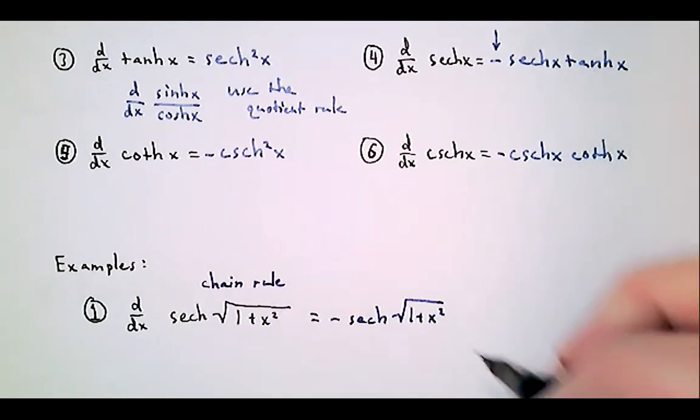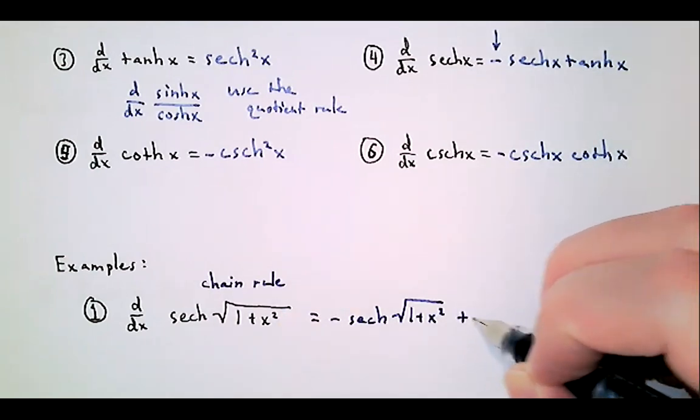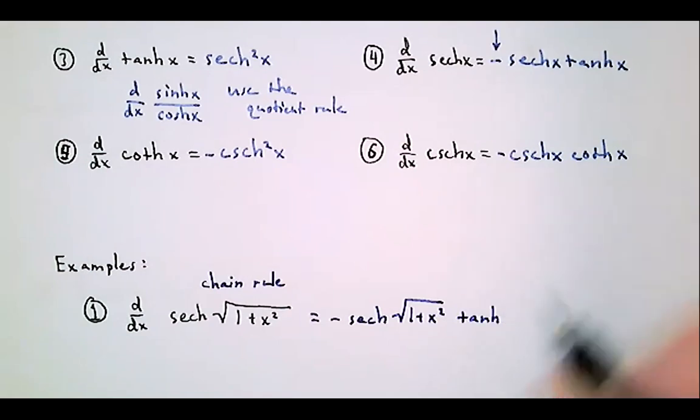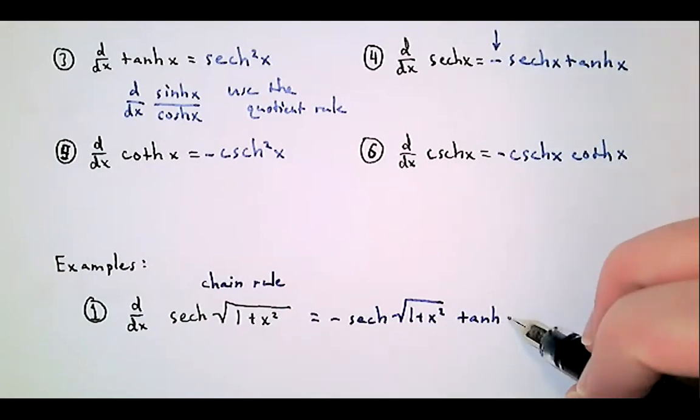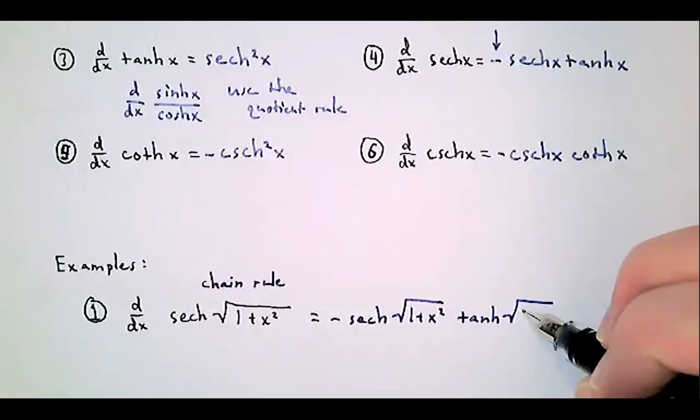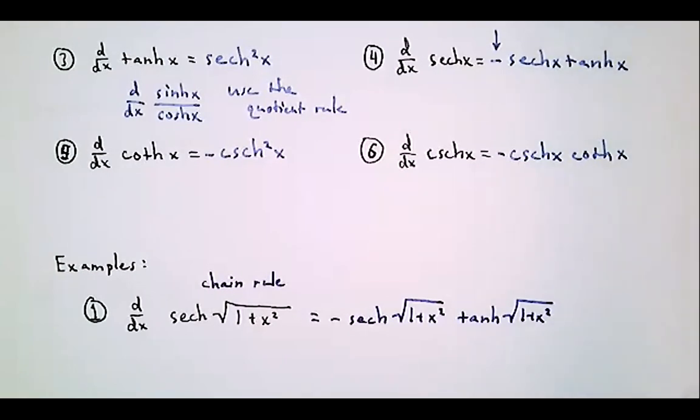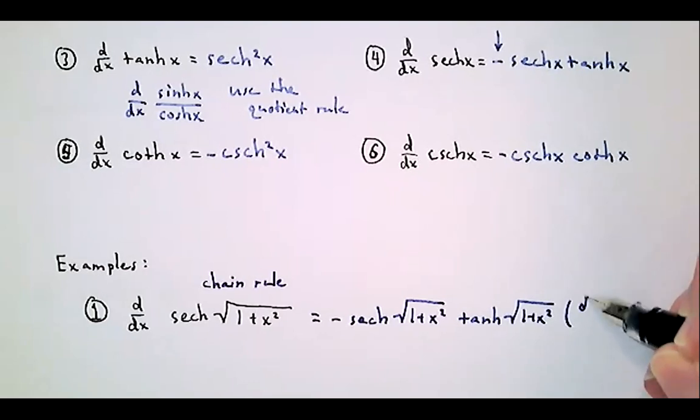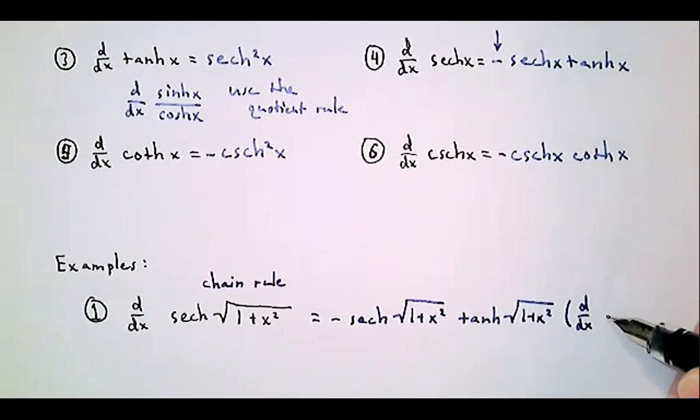And we also need a hyperbolic tangent, with the square root of 1 plus x squared inside. And then we need the derivative of the inner function, the square root of 1 plus x squared.